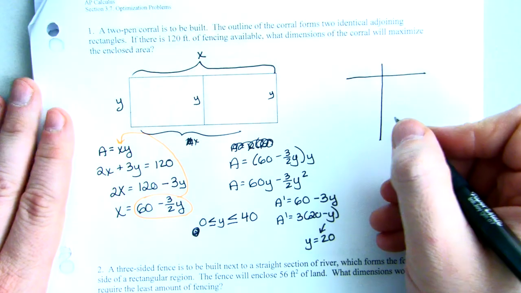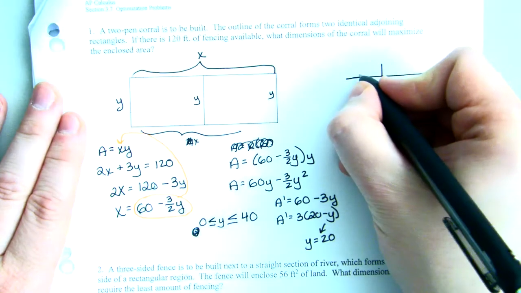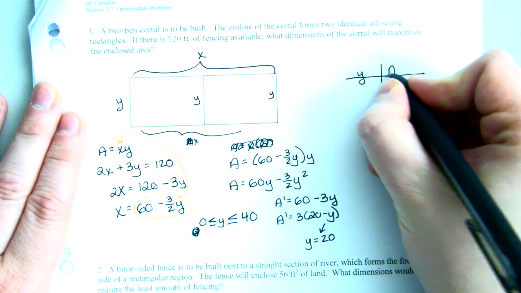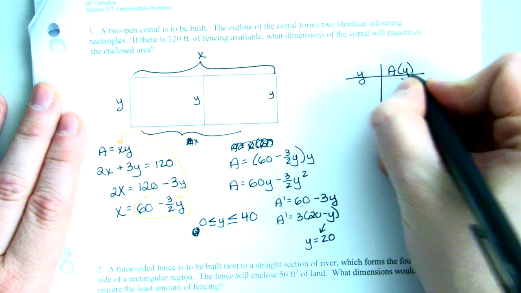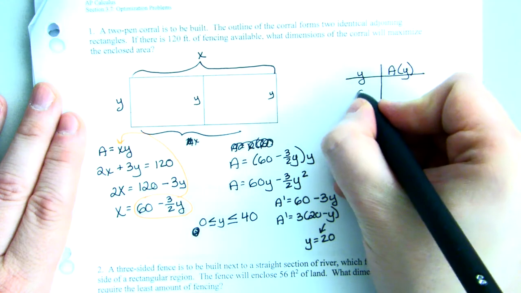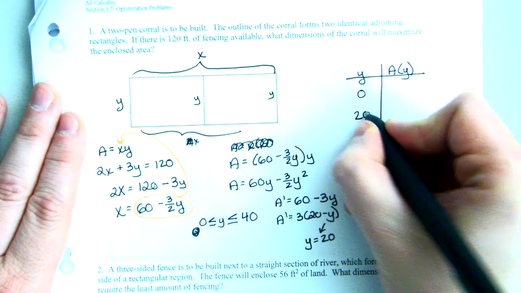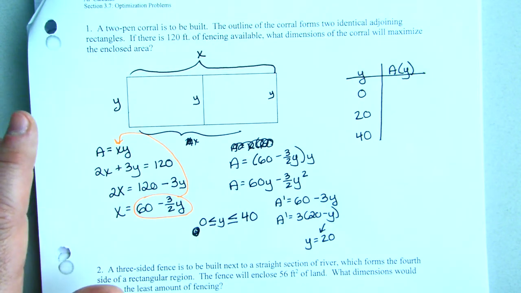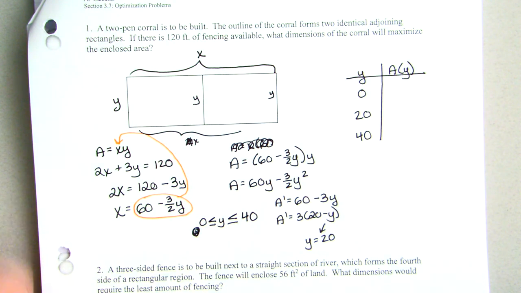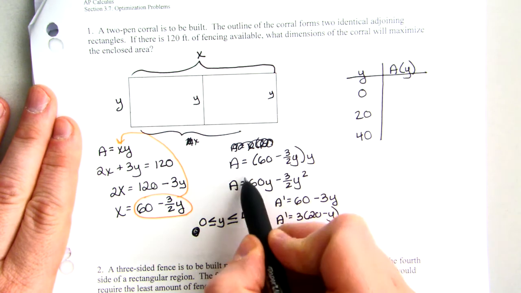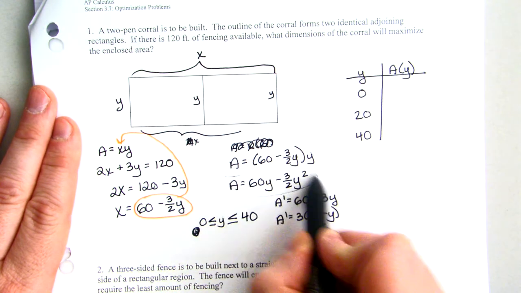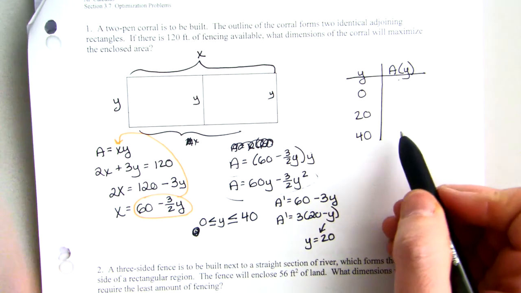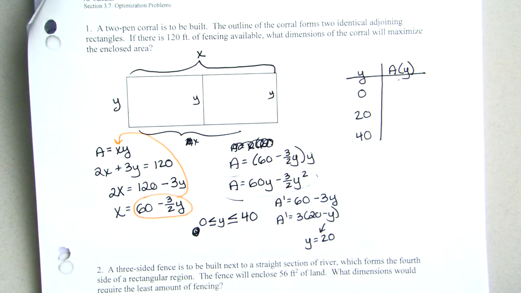Make sure whenever you're using the candidates test that you label your columns. Here it's going to be y and A of y. I need 0, I need 20, I need 40. I think it should be obvious what 2 of them end up being, but you do still need to show it. Plug into either version of A and find those.